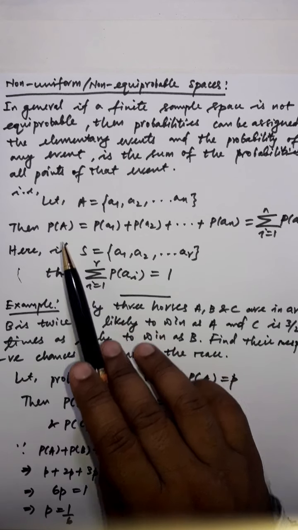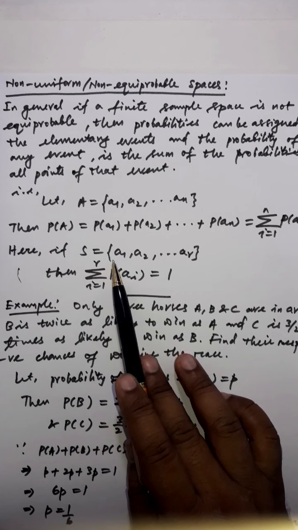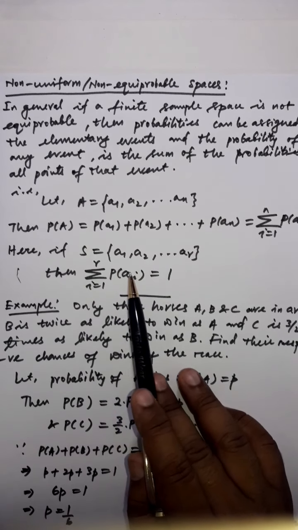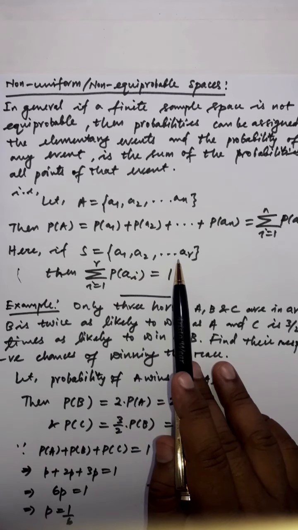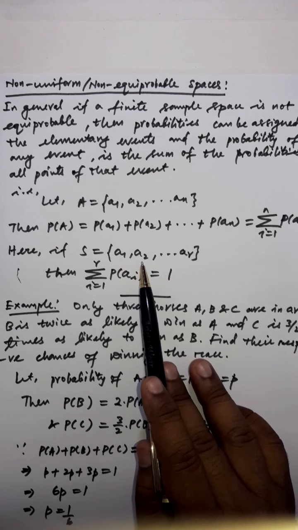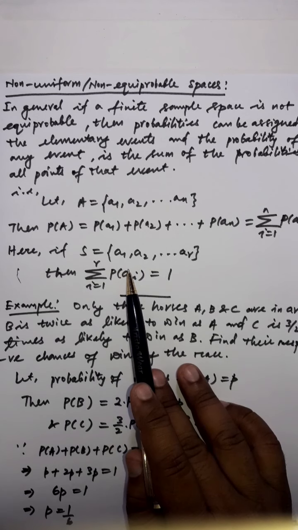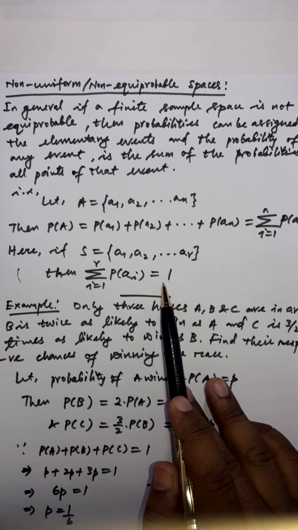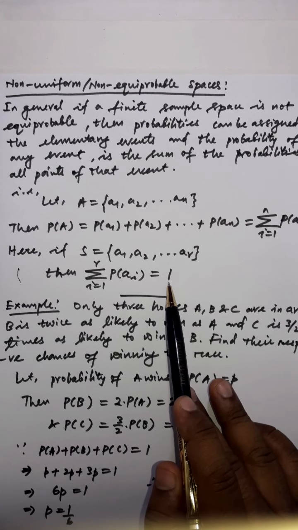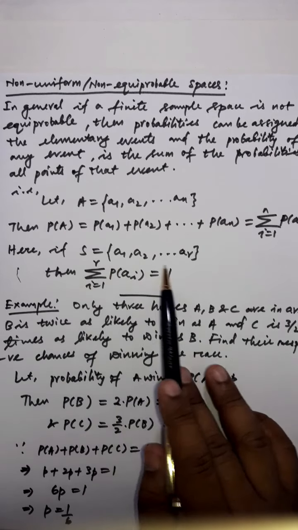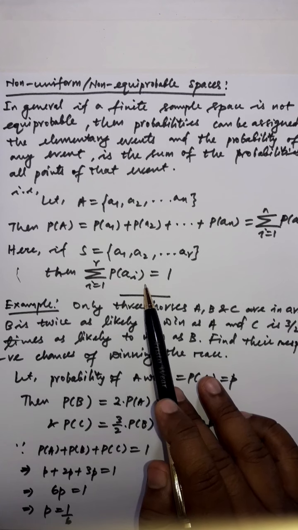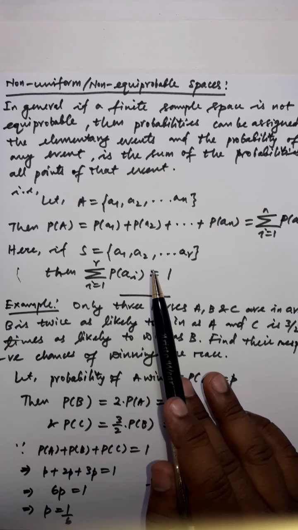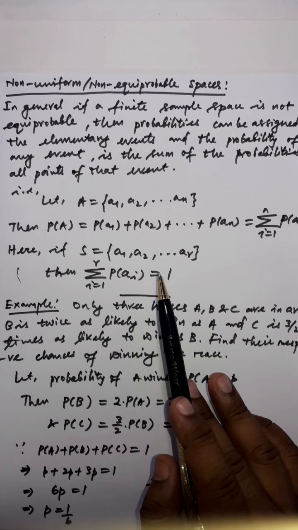Extending this concept, the sum of the probabilities of each and every element of the sample space is equal to the probability of the sample space, and that is always 1. So we will use this concept to solve the non-uniform or non-equiprobable space problems.